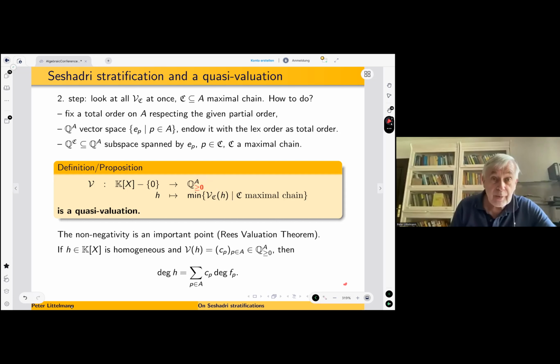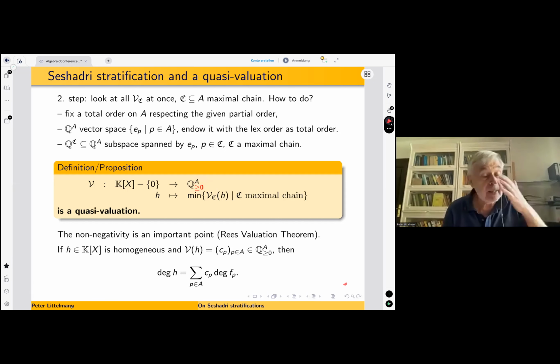Now, when you consider the construction, you may say it looks quite a bit like Newton-Okounkov theory. Actually, it is up to some certain point, only with the difference that in the end we only get a quasi-valuation. But also here is another point.